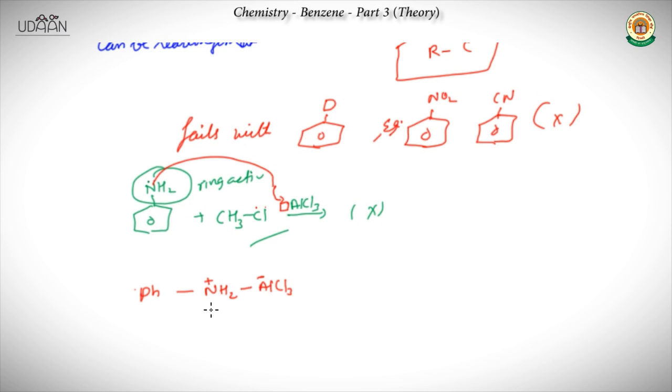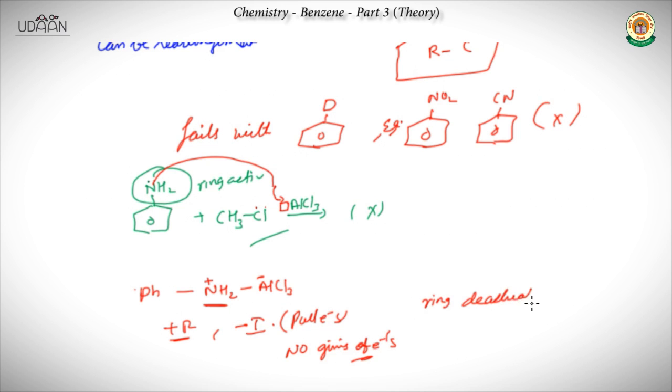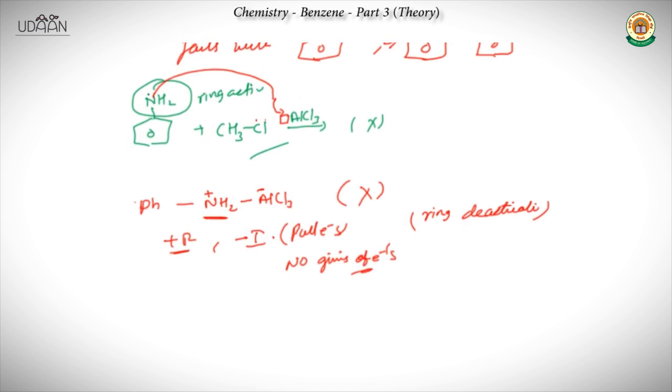As you can see, nitrogen here is no more +R, it's only minus I. So it has a tendency to pull the electrons and no giving of electrons. So it has now become a ring deactivator. So Friedel-Crafts reaction won't occur even with these, where you have PhNH2.